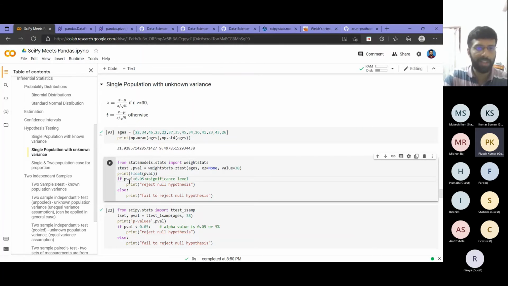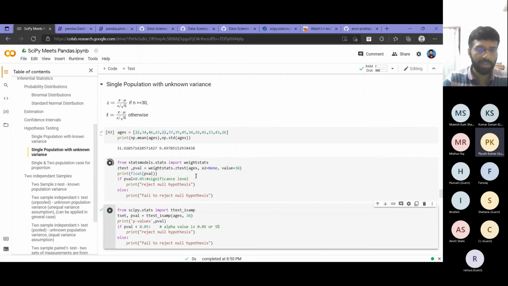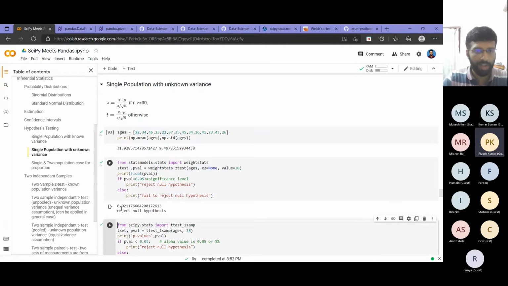If the p value is greater than 0.05, I will say that I fail to reject the null hypothesis, meaning I don't have enough evidence to conclude that this particular sample belongs to a population with mean 38. If you run this, the p value I get is 0.02, which is less than 0.05. Hence, I can reject my null hypothesis.